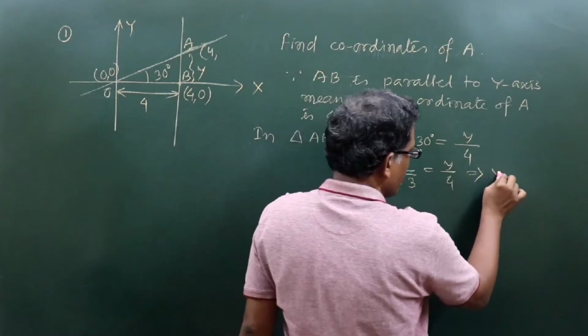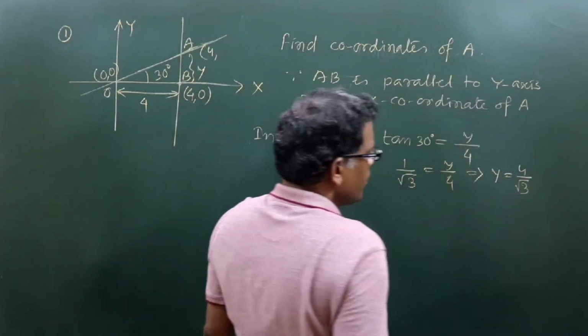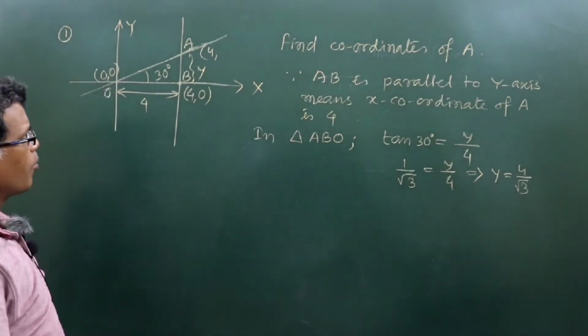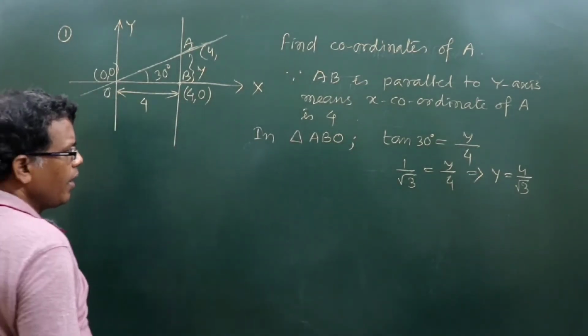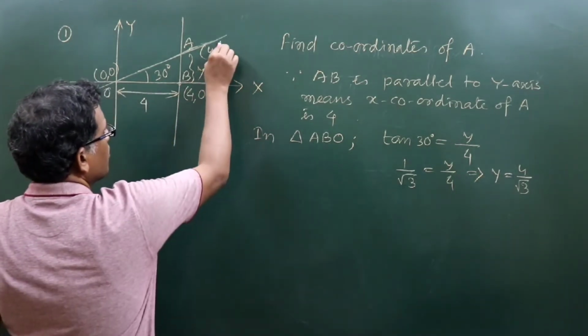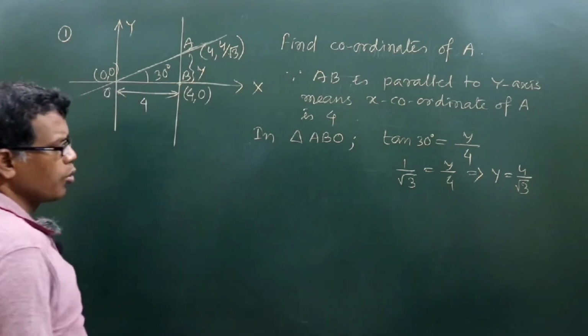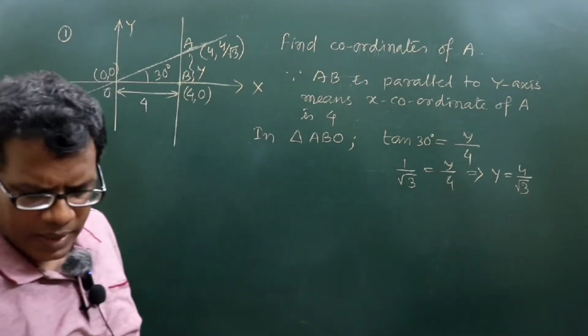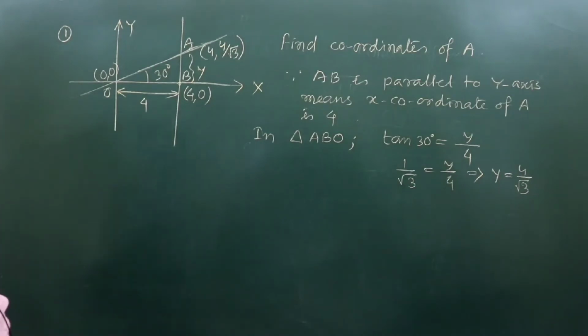From this you can write y is equal to 4 by root 3. So the y coordinate of A is 4 by root 3, and the x coordinate is 4. So both the coordinates are (4, 4 by root 3). Is that okay?